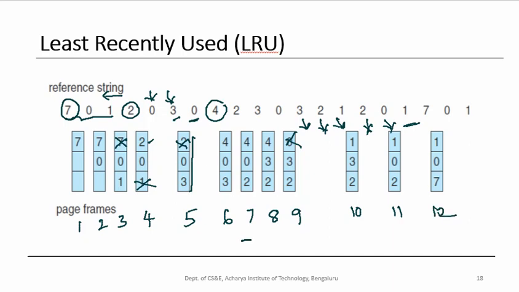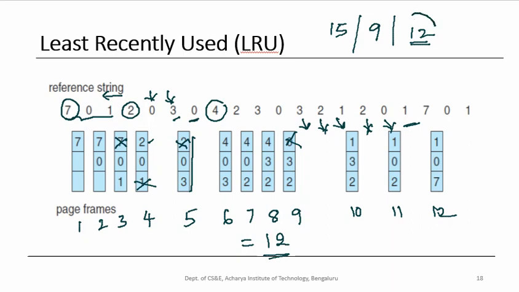Now if you see here, the total number of page faults are 12. So in case of FIFO we had 15 page faults. In case of optimal page replacement algorithm, we had 9 page faults. In this case we have 12. So that means we have taken an appropriate referencing string that clearly is giving us the difference between these algorithms.